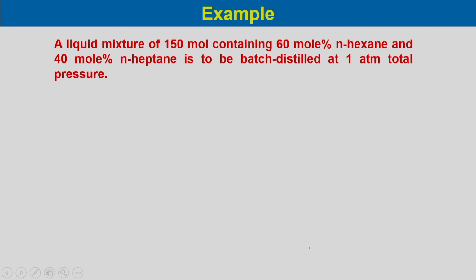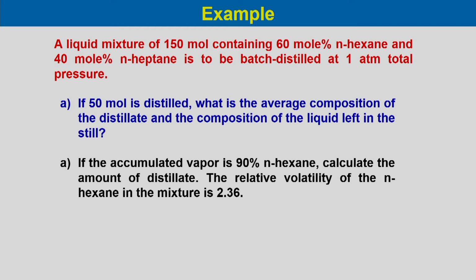Now, let us take an example to solve this batch distillation problem. A liquid mixture of 150 mole containing 60 mole percent N-hexane and 40 mole percent N-heptane is to be batch distilled at 1 atmosphere total pressure. Now, (A) if 50 mole is distilled, what is the average composition of the distillate and the composition of the liquid left in the still? (B) If the accumulated vapor is 90% N-hexane, calculate the amount of distillate.